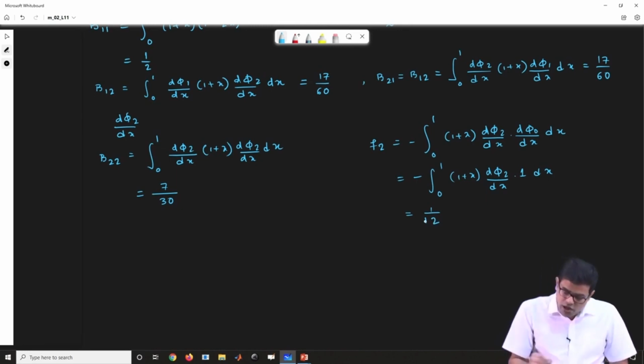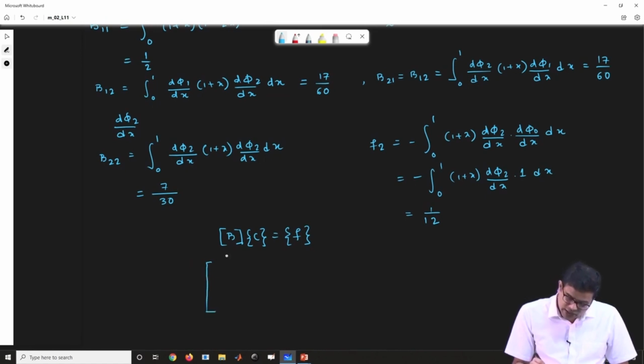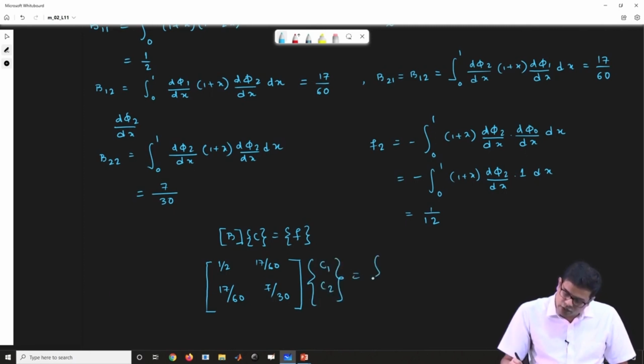Now my equation looks like this: B into C equals F. If I write it, my coefficients are half, then 17 by 60, then also 17 by 60, and then 7 by 30, times C1 and C2, equals 1 by 6 and 1 by 12.